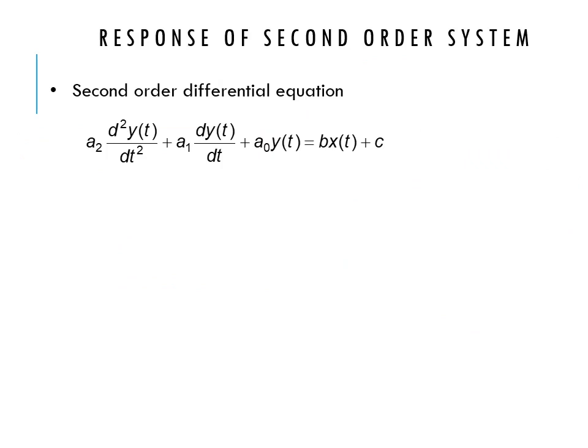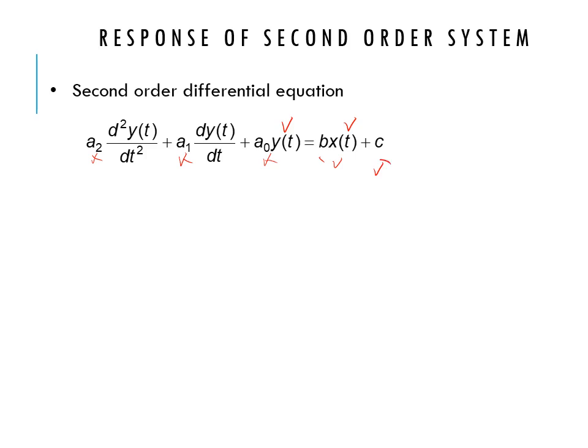A general form is represented in the equation a2 d squared y(t) divided by dt squared plus a1 dy(t) over dt plus a0 y(t) equals b x(t) plus c, where y(t) is the output variable, x(t) is the input variable, and the parameters a2, a1, a0, b, and c are constants.